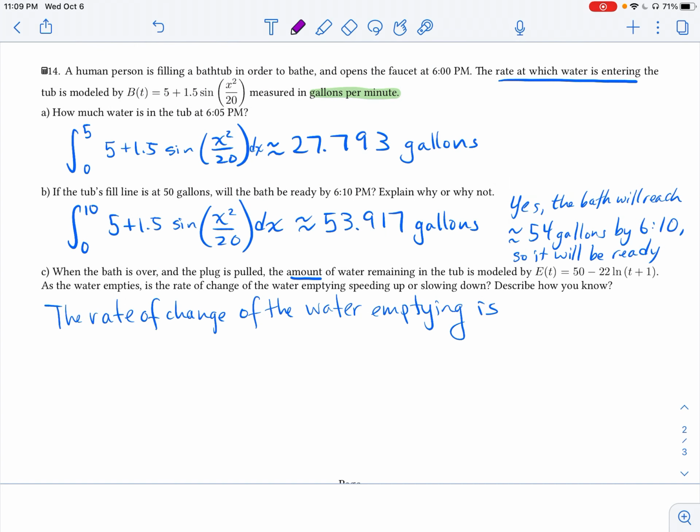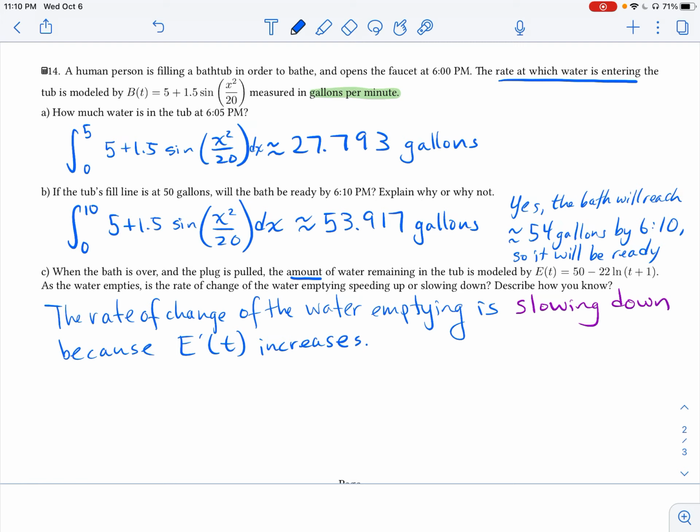The rate of change of the water emptying is slowing down, because if we look at E prime of t, that actually increases. The derivative of E of t, the derivative of the function that gives us the amount of water remaining in the tub, that's actually increasing.